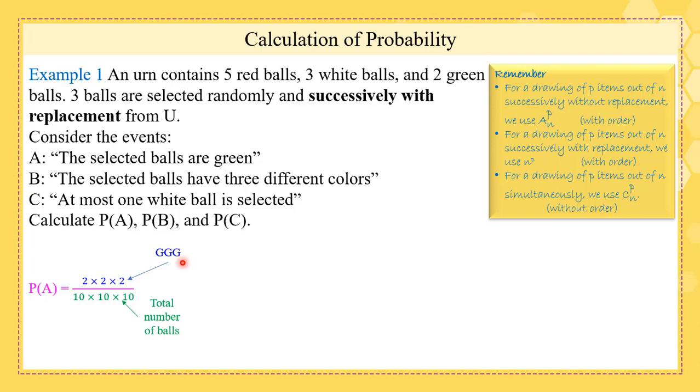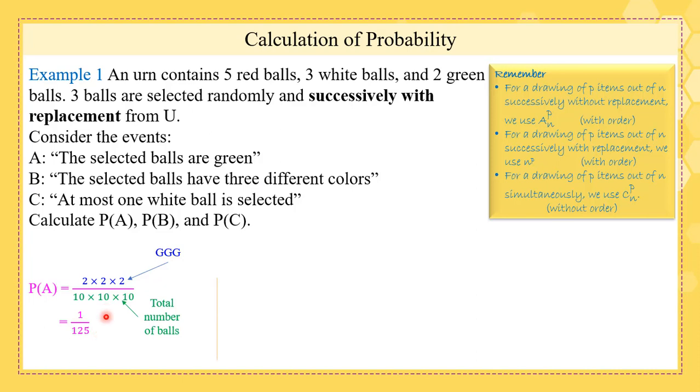Now for the numerator, pay attention. In a successive with replacement selection, we can in fact select 10 green balls even if we just have 2, because after each selection we're going to replace the green ball again to the urn. So the answer would be 125.